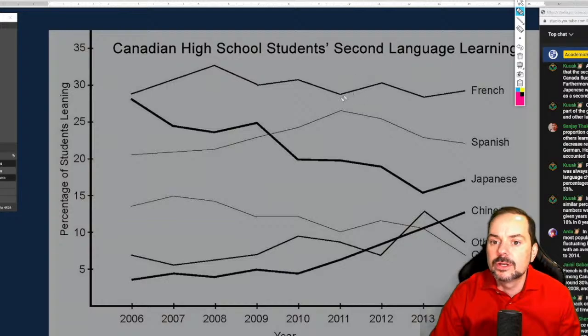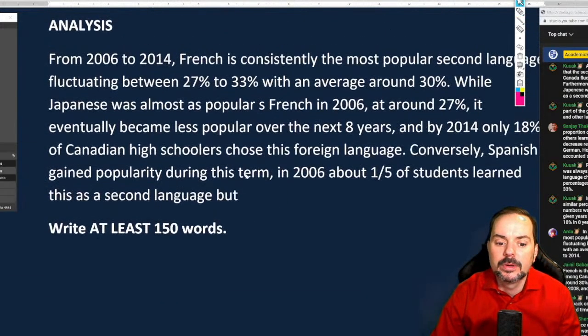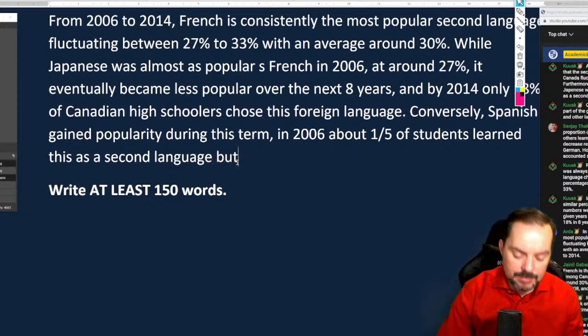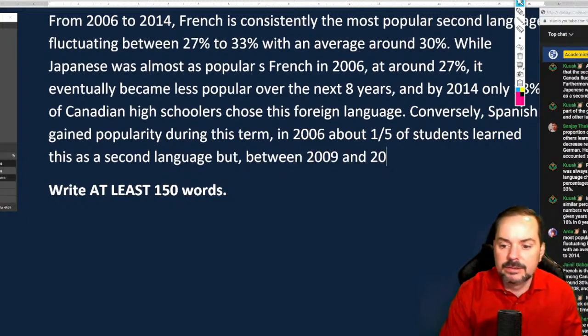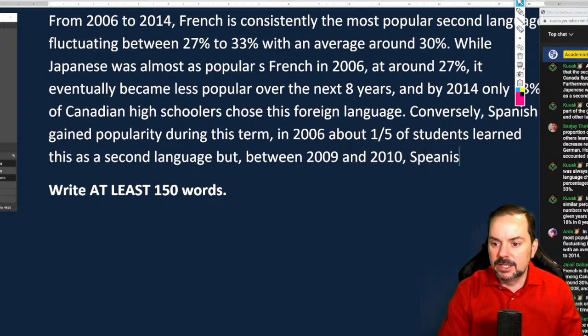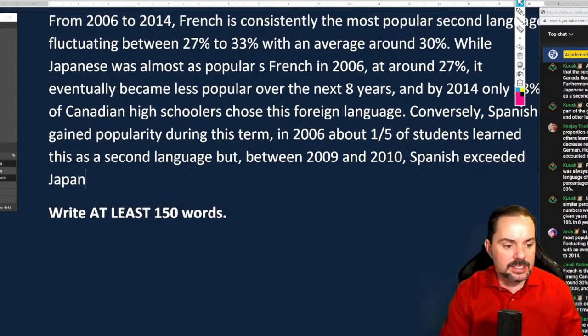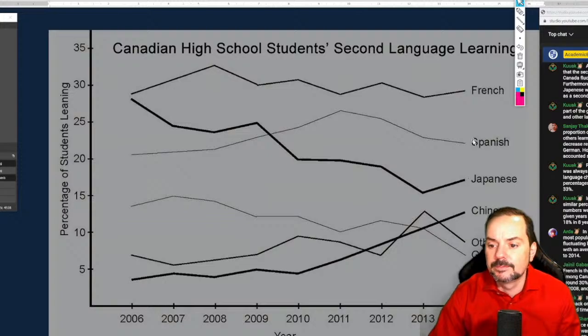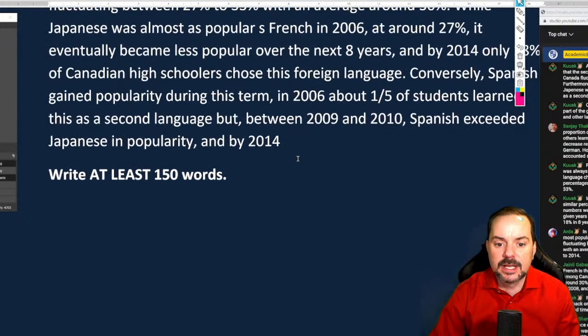Okay. So as a second language, but between 2009 and 2010, Spanish exceeded Japanese in popularity, and by 2014, nearly a quarter of Canadians chose it as a second language.